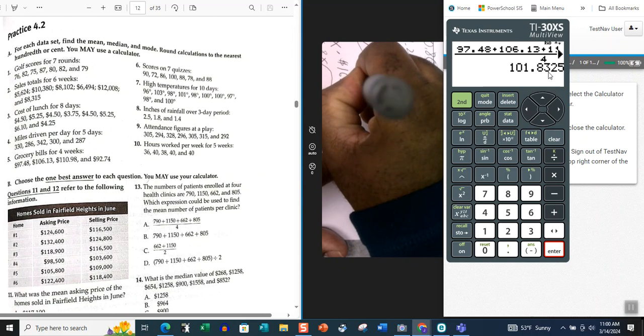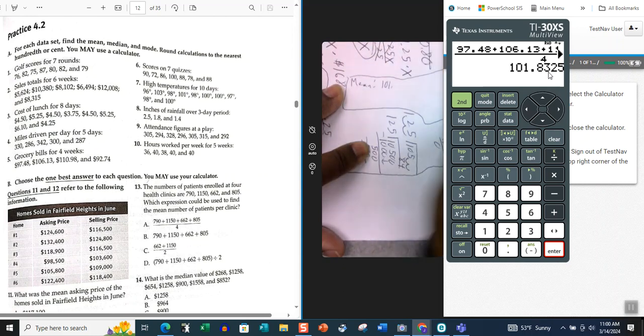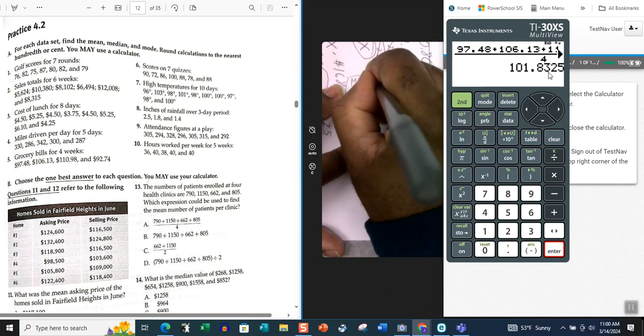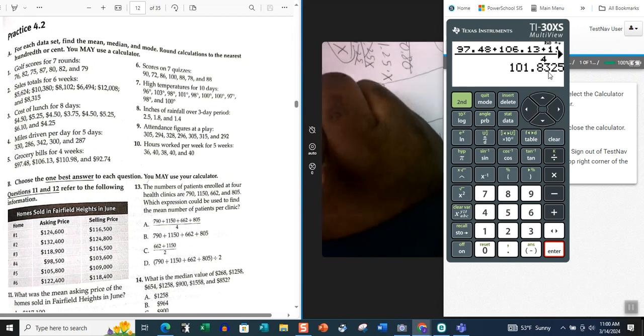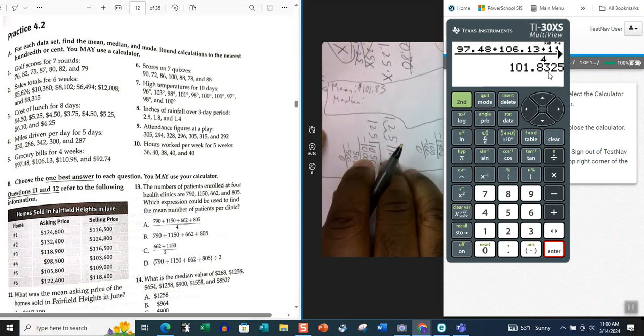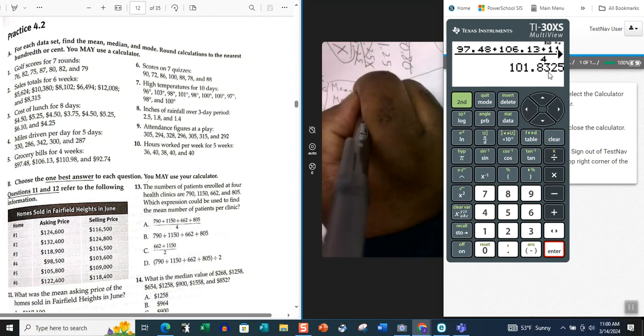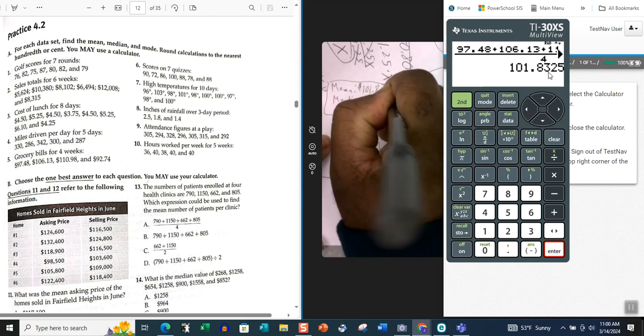Our mean is $101.83. Okay, now we're going to do our median. Our median, we would just set these up from smallest to greatest. So the smallest is $92.74.